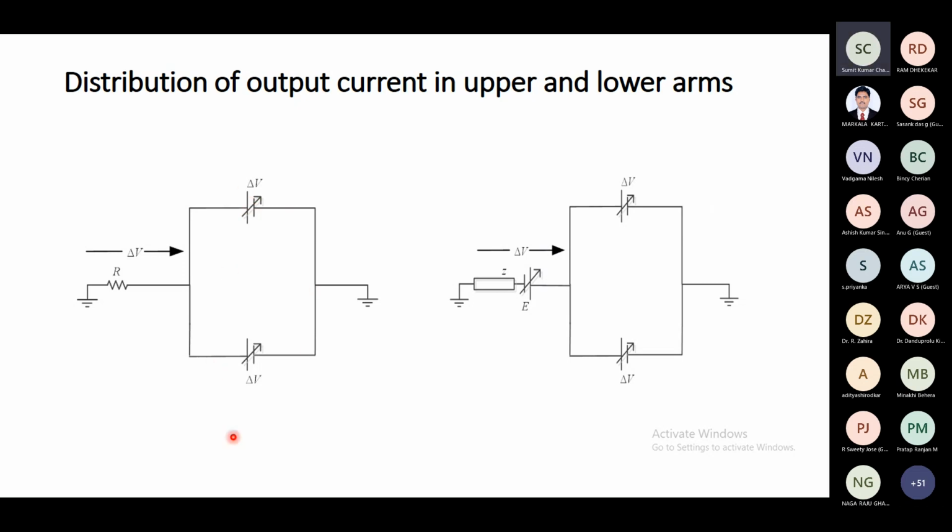So effectively two delta V sources are connected in parallel. So the output you are getting here is delta V. Whether it is a resistance or an impedance with a back EMF, in all cases this voltage is delta V. This back EMF and impedance together will determine the current flowing over here. What is the magnitude of current going to flow here?